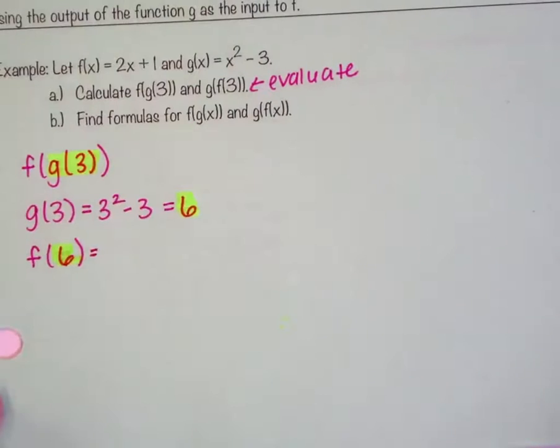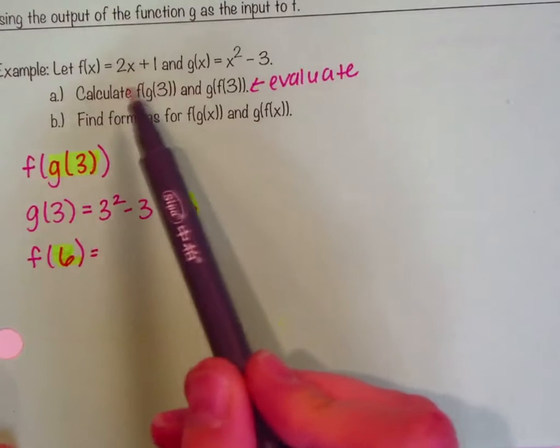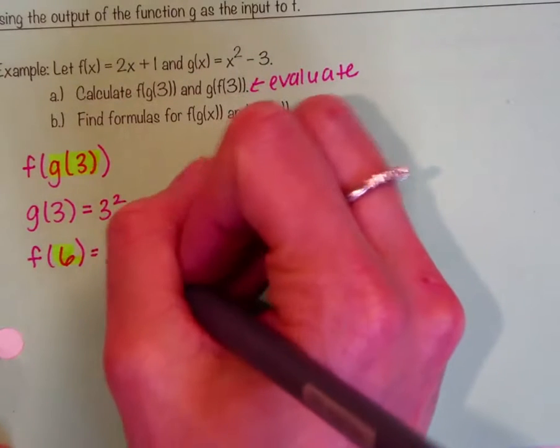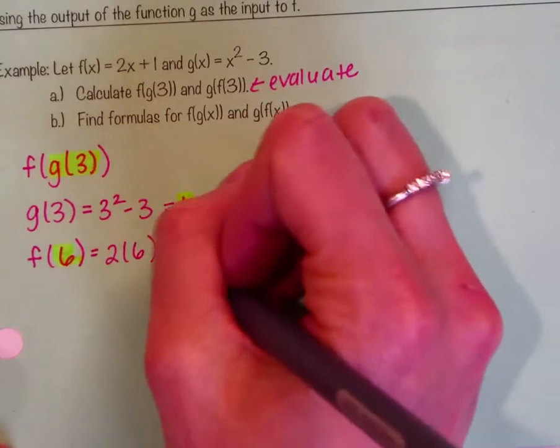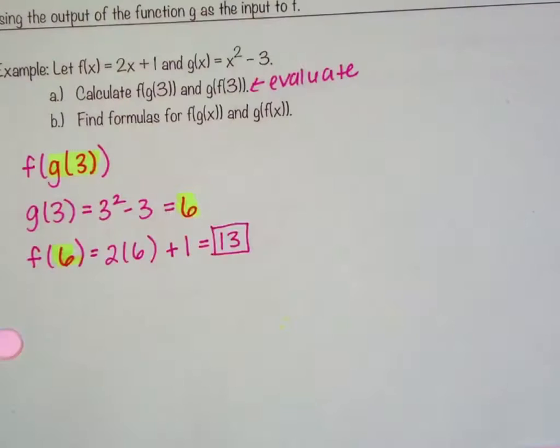So when I figure out what that is, I go back up to the rule for f. It's 2x plus 1. So I'm going to do 2 times 6 plus 1, which is going to give me 13. So f of g of 3 would be 13.